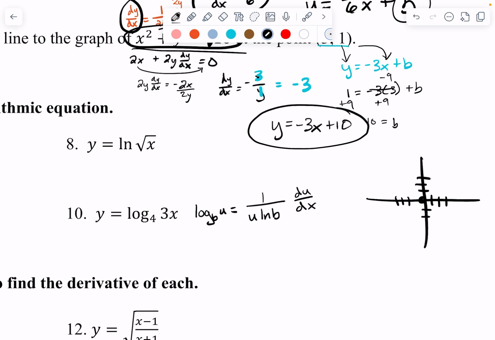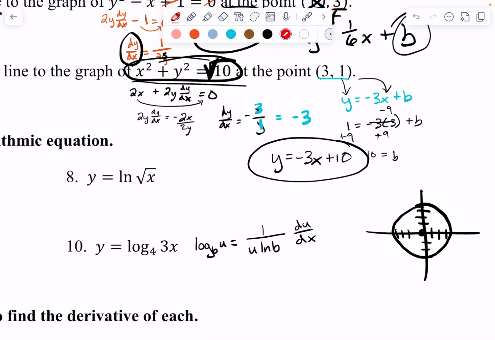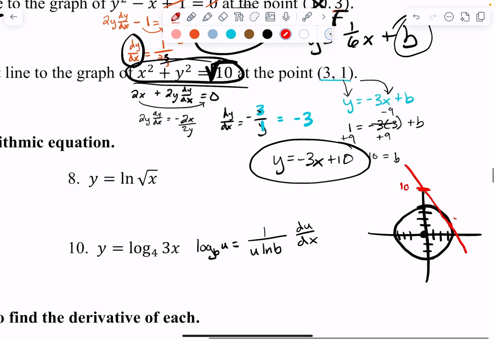So something like this-ish. I don't know. Something like that, right? And at 3, 1, he's touching right here. This is his tangent line, right? He's going to y-intercept up here at 10, and his slope is going to be negative 3. Whatever. That's what we're doing. Okay? So that's just what you found.